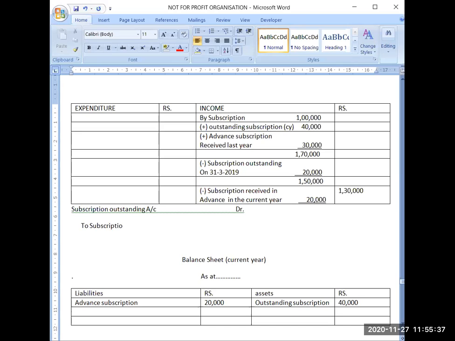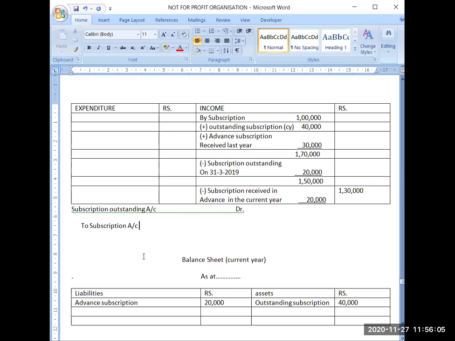So all incomes are credited, that's why I have to credit my income. And because this amount is a representative personal account and it is a debtor account, debit the debtor, the rule will be applied like this, so this account will be debited. Now this amount was outstanding last year, and now when I will come to the current year, I will reverse this entry.